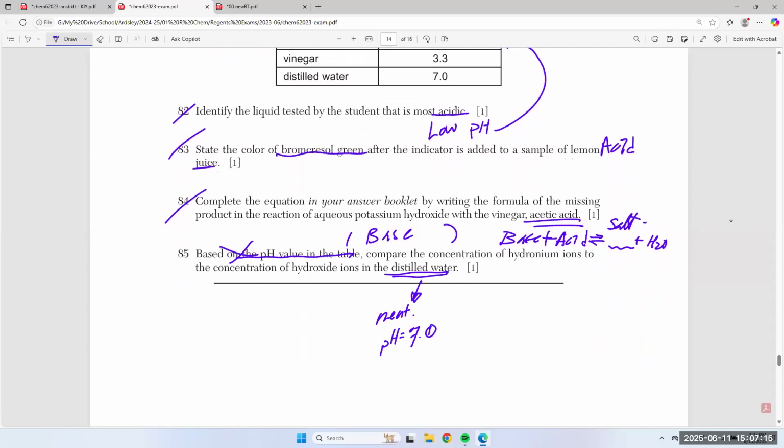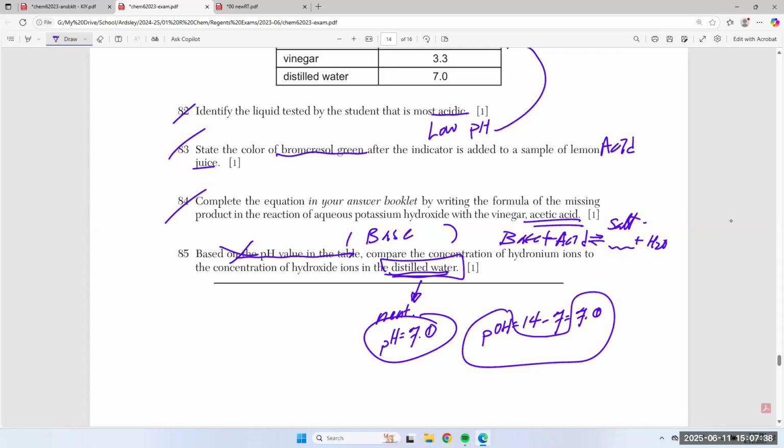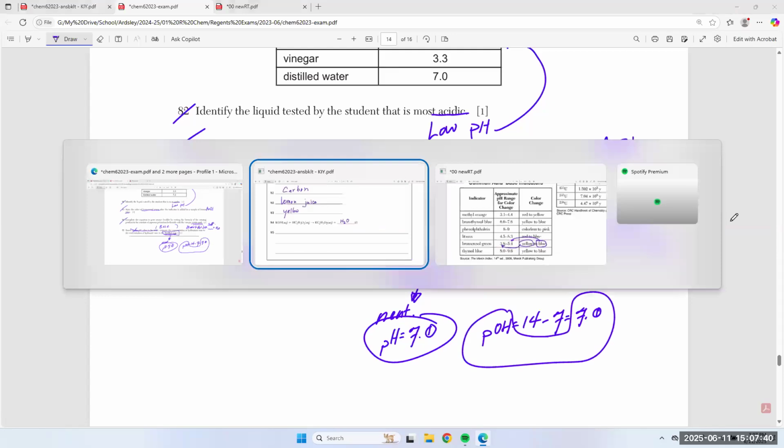7.0. Hey, I have a question for you. In the same solution, if the pH is this value, what's pOH? How do you calculate pOH if you have pH? It's 14 minus 7. Surprise, it's 7.0. So we know that in a neutral solution, both pH and pOH are 7. So what do you say?